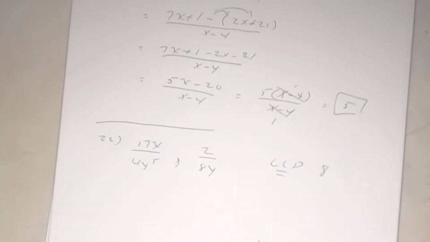Now let's talk about the variables. I have y to the 5th, and what's the other one? y. What's the smallest expression that y to the 5th and y go into? y to the 5th. So all you do is take the one with the largest exponent.